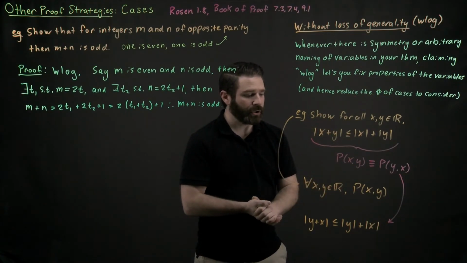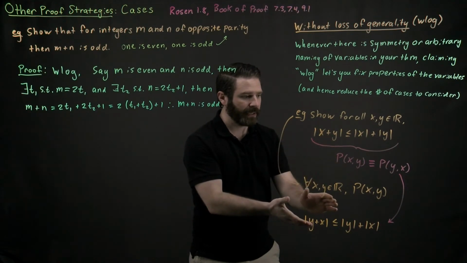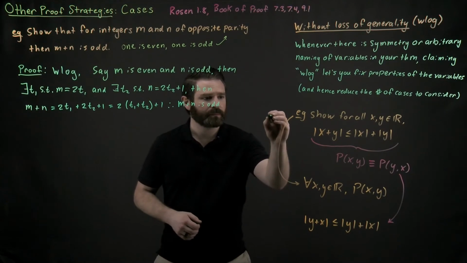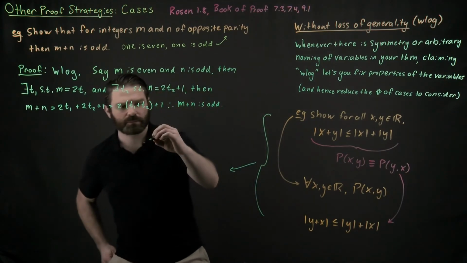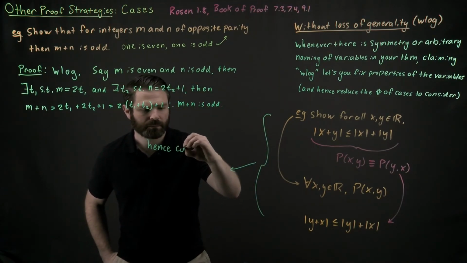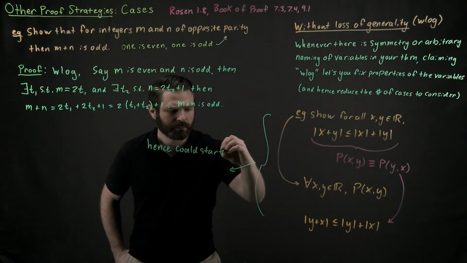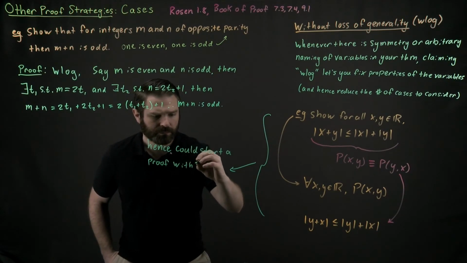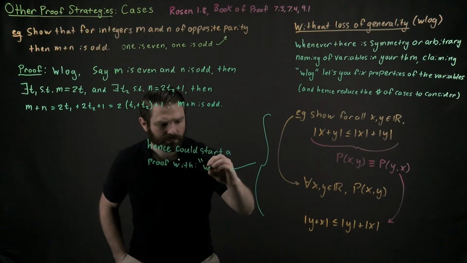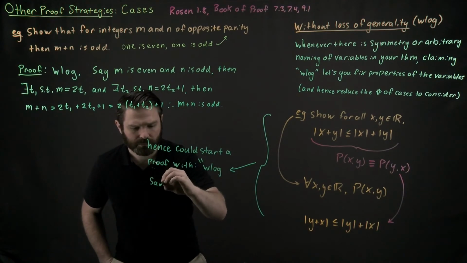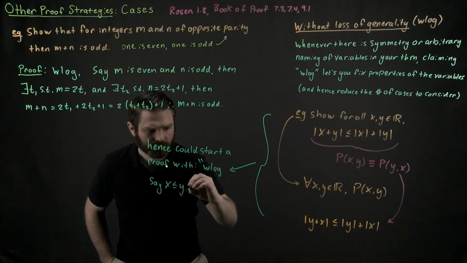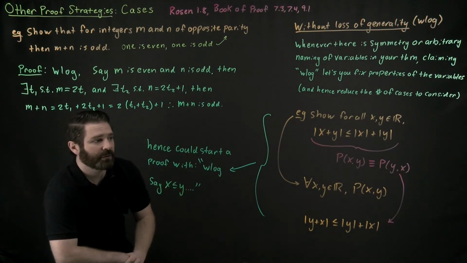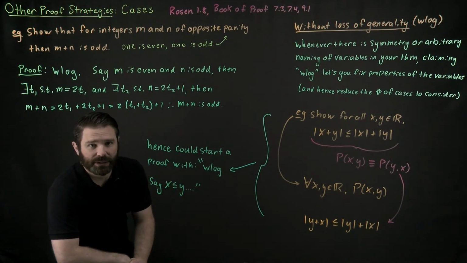In particular, you could then start out a proof of this thing by claiming the following. You could start a proof by saying, without loss of generality, say x is less than or equal to y.